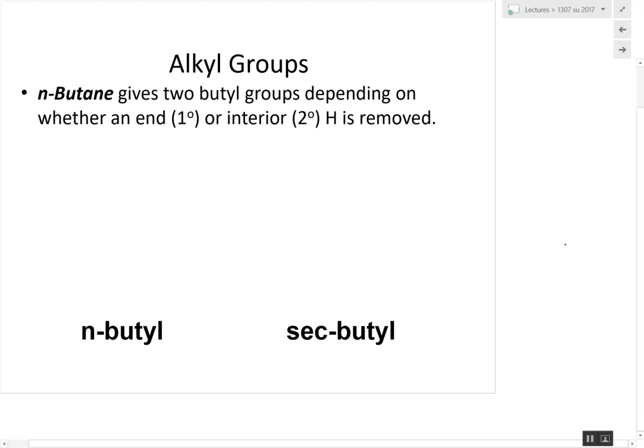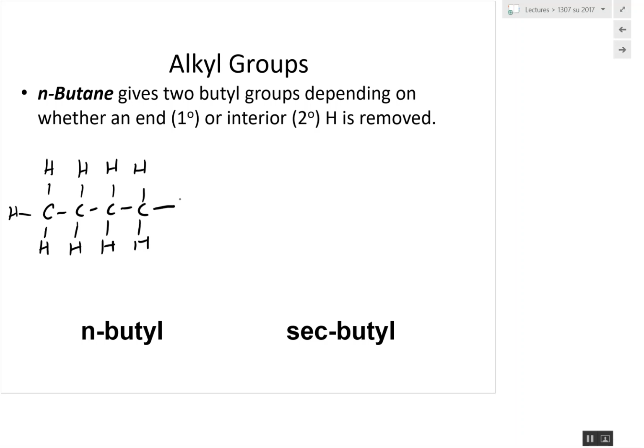Okay, butyl. Butyl, you could have four carbons, because butane has 4 carbons. So when you see butyl, that would be your normal butyl substituent.